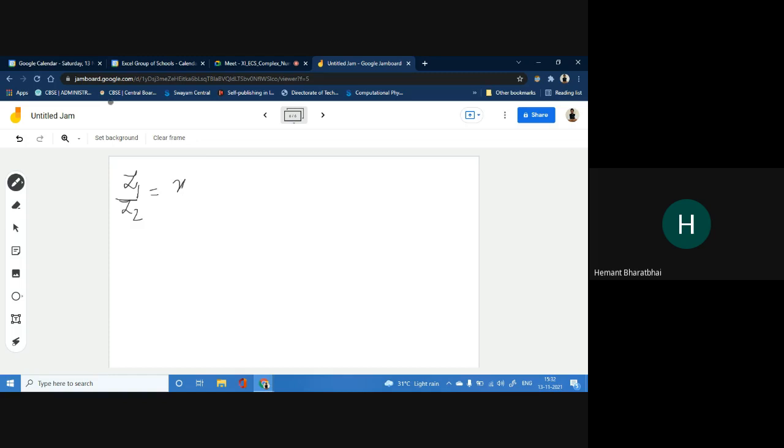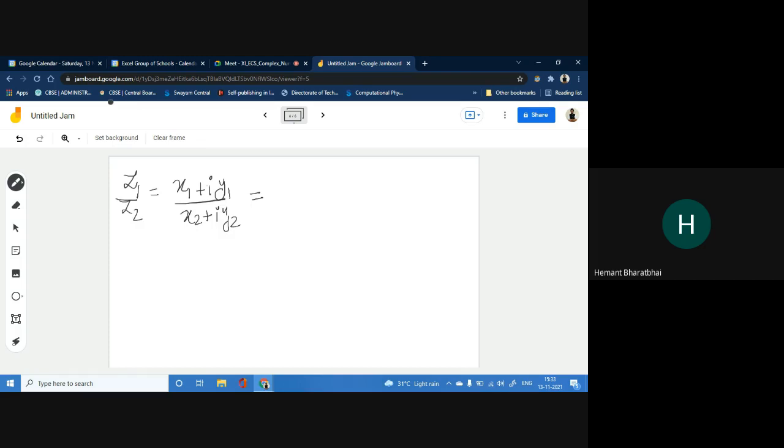So (x1 + iy1) upon (x2 + iy2). Now, how do we divide two complex numbers?